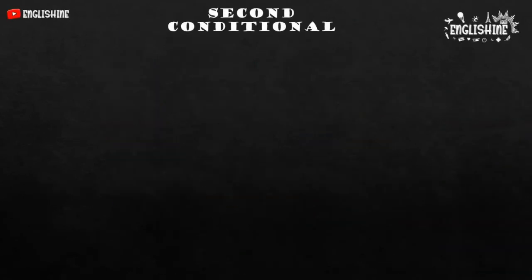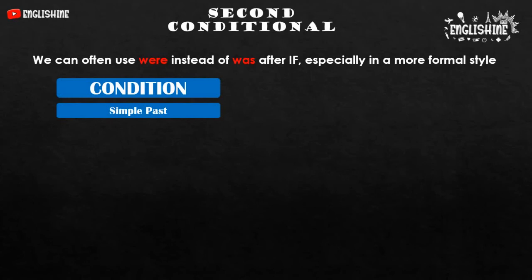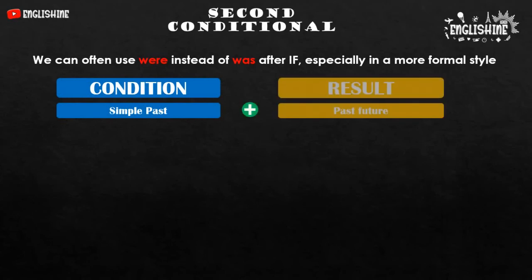In the second conditional, we can often use were instead of was after if, especially in a more formal style. You can see the examples here. Remember, the condition uses simple past and the result uses past future.